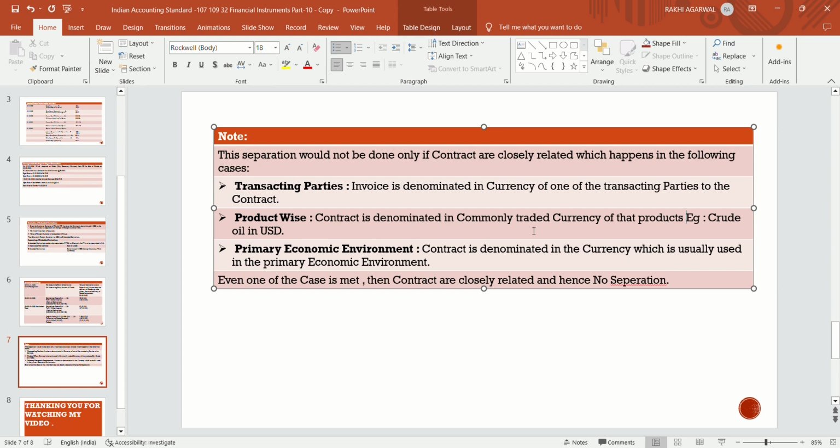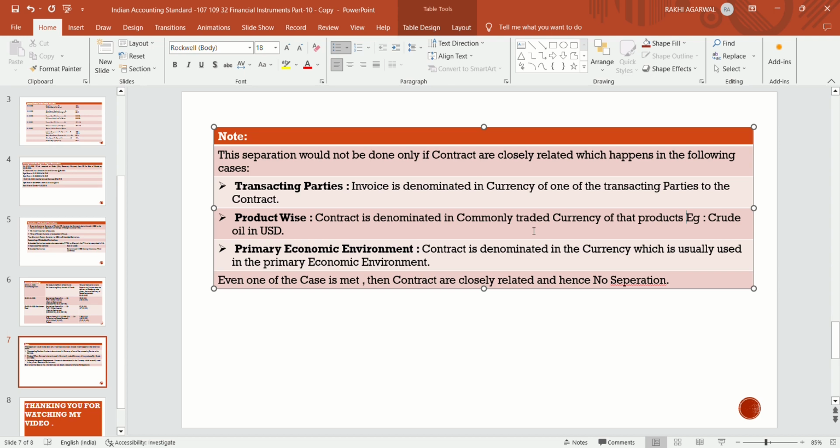And due to the primary economic environment, if the contract is denominated in the currency which usually happens there, like the example of South Africa, Nigeria, Zimbabwe, they are not using their own currencies, they are using general currencies like USD.